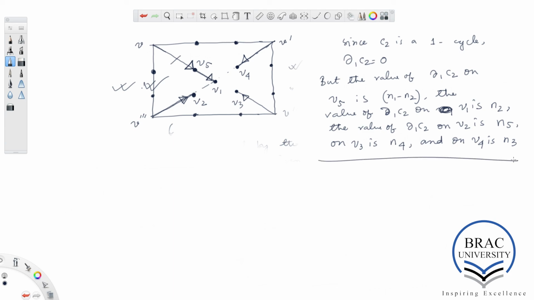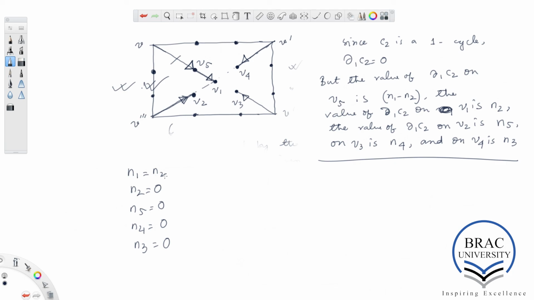So since we want del 1 c2 to vanish on all these 5 vertices, we must have n1 minus n2 equal to 0, meaning that n1 is equal to n2. We want n2 to be 0, n5 to be 0, n4 to be 0, and n3 to be 0.